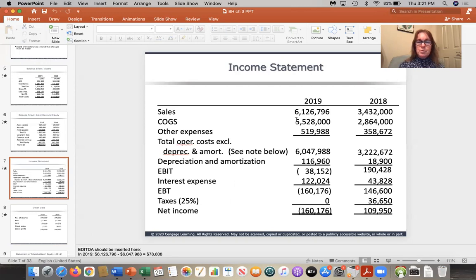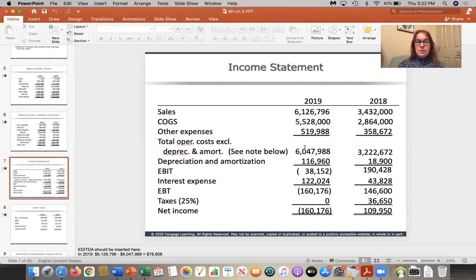So if you take this number minus this number minus this number, right here it should say EBITDA, and it should be 78,808. So if you're going to make some notes on these, if you've printed these out, get rid of this and put EBITDA right here and put 78,808 right here.